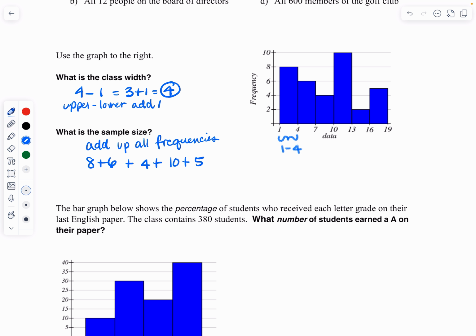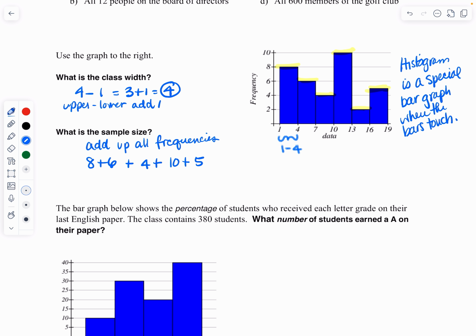I got those values by looking at the height of each of the bars in the histogram. This is called a histogram. A histogram is a special bar graph where the bars touch. Okay?